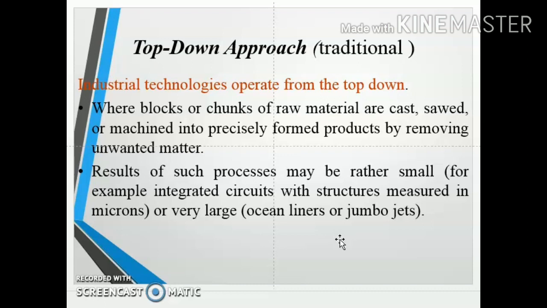If we consider small changes, for example, the integrated circuits in electrical or electronic appliances with structures measured in microns. Sometimes the effect may be large, such as ocean liners or jumbo jets. So manufacturing of jumbo jets also requires some kinds of nanoparticles. We will discuss this part in the application part of the nanoparticles.